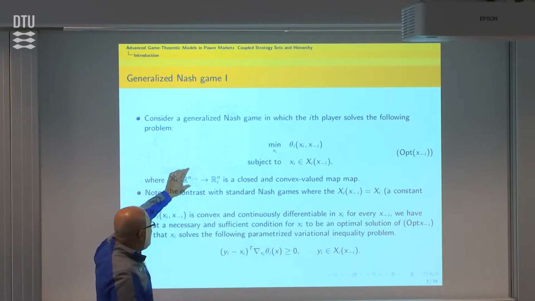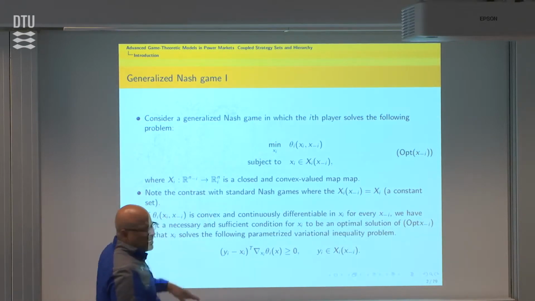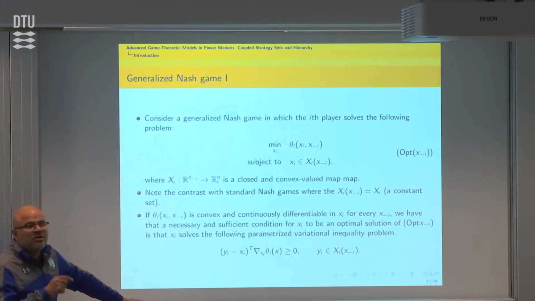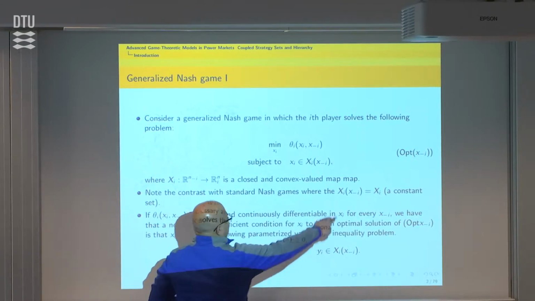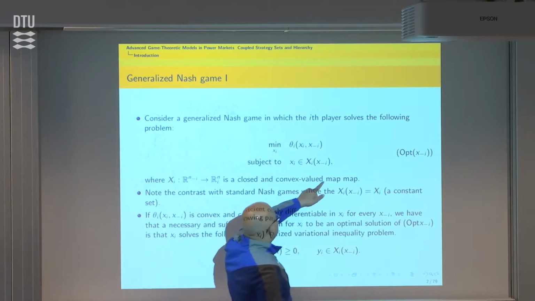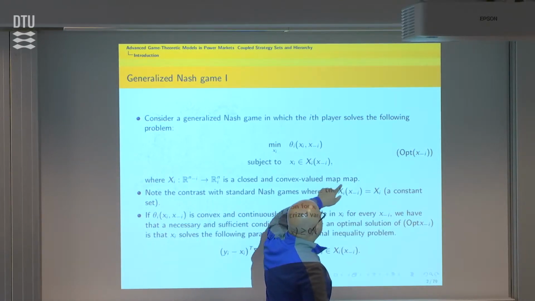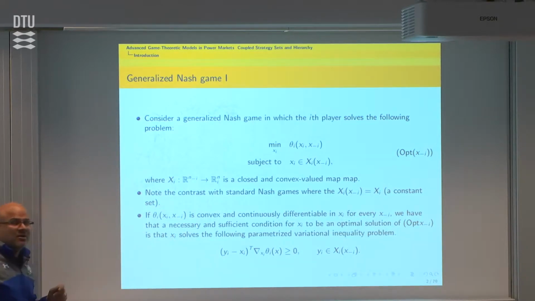It maps from R^{n_{-i}} to R^{n_i}, but I should have two arrows here. Sometimes to specify this, you put a double arrow to show that the image is essentially a set. So this is a closed and convex valued, set valued map. The image is a set.